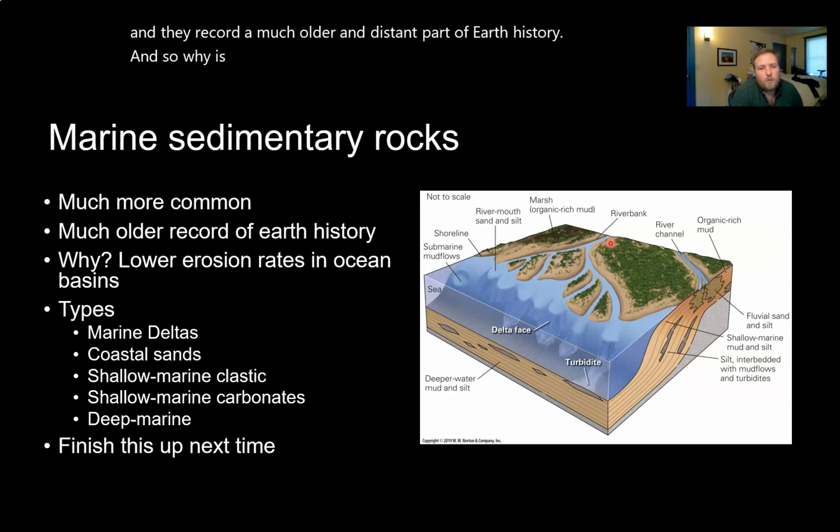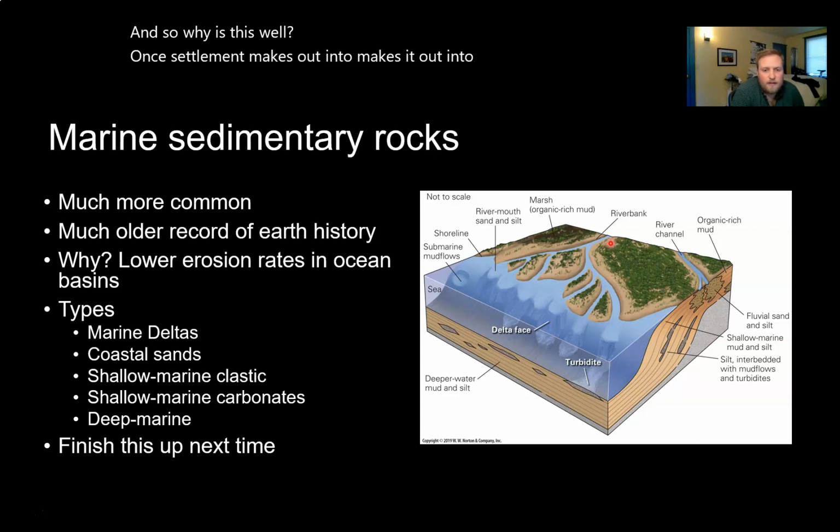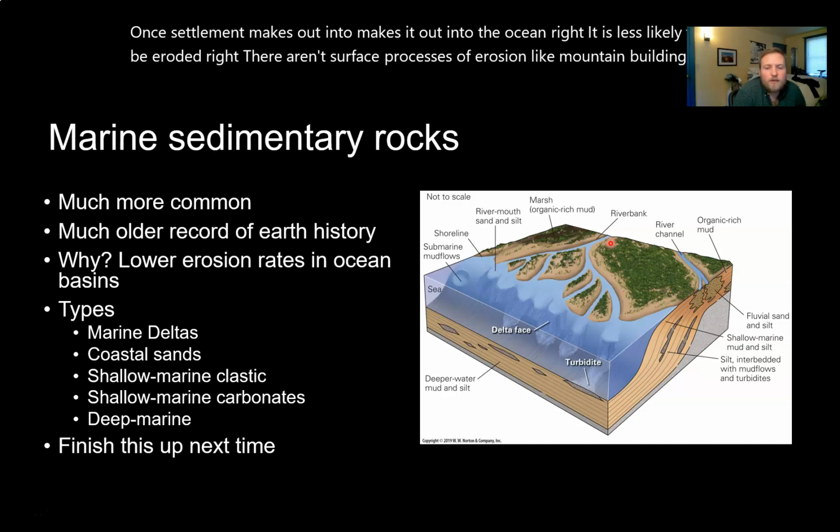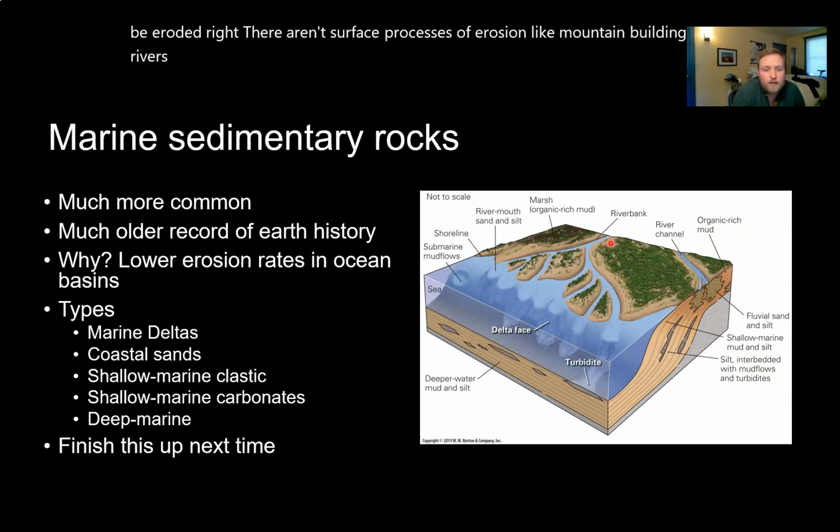Well, once sediment makes it out into the ocean, right, it is less likely to be eroded, right? There aren't surface processes of erosion, like mountain building or rivers plowing through, or even humans coming and disturbing the landscape, right?